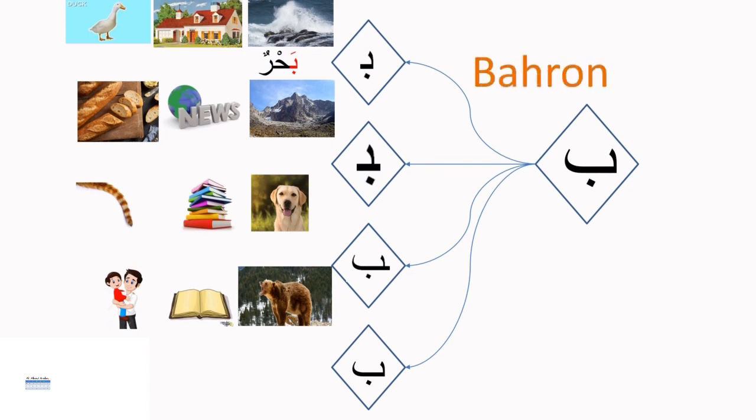Now at the end of the word, usually if there is nothing after that word, we can make it sukun. We can make the last letter in the word silent. So we can say bahr, as we learned before, or bahrun, if you want to continue the sentence, okay? But if we just stop at the word, we say bahr. We make the last letter in the word silent.